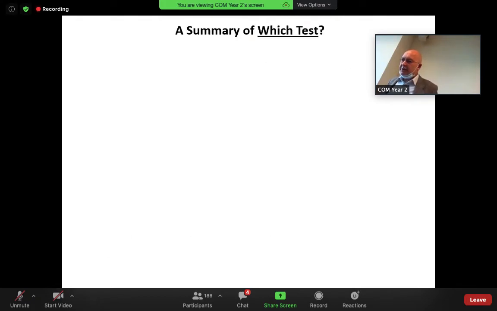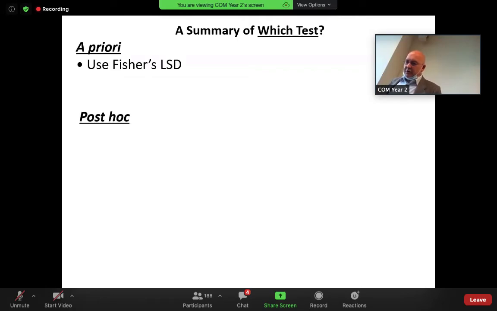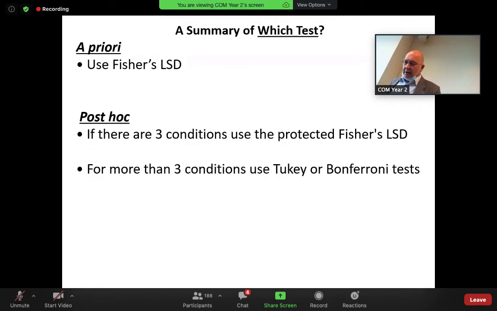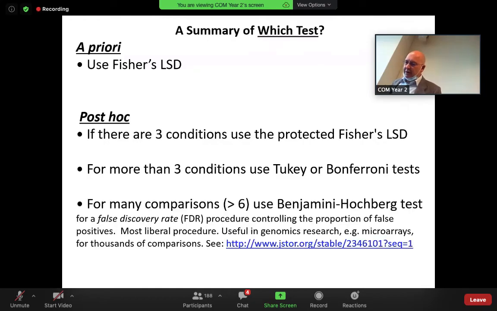Okay, so which test are we going to use? Well, a priori, we should use Fisher's LSD. This is the best test. Post hoc, which we often have to do, as I say, if you've got three conditions or 3 treatments, then use the protected Fisher's LSD. For more than 3 conditions, then use Tukey or Bonferroni. If you've got very many comparisons, let us say more than 6, I would recommend using this Benjamini-Hochberg test, which is quite clever.